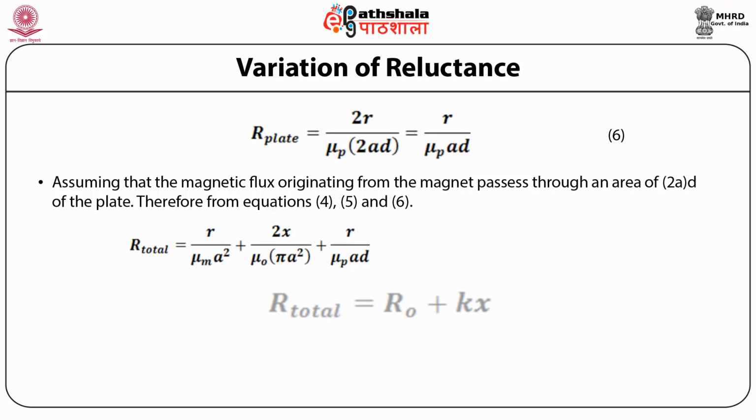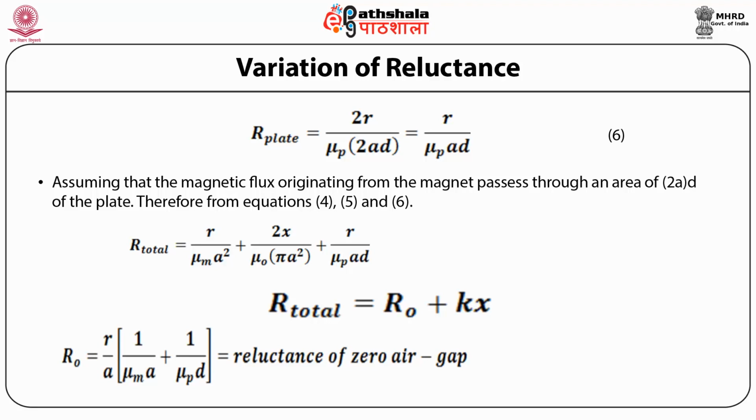Or we can write R total equal to R naught plus kx, where R naught is R by a multiplied by (1 by mu m a plus 1 by mu p d), equal to the reluctance at zero air gap. Here k is equal to 2 by mu naught pi a squared.